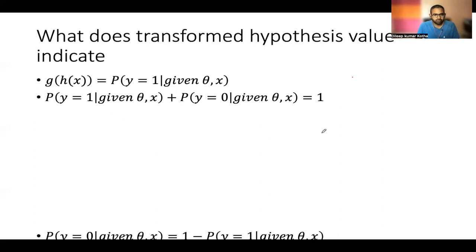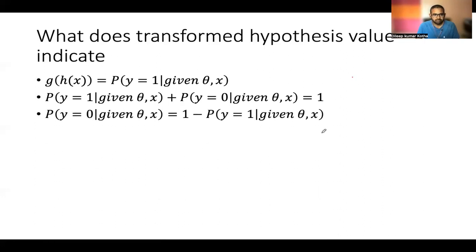So if you want the probability that the given variables will result in class 0, you can use 1 minus the probability of it becoming class 1. How to derive the parameters theta, we'll see in the next video.